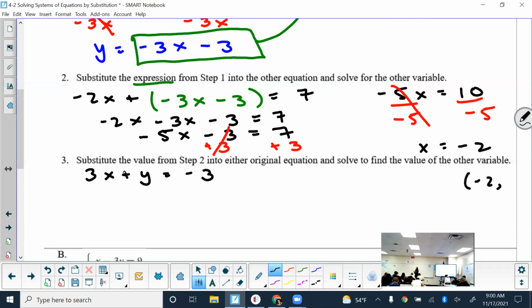Now for the x, we're gonna plug in what x equals. So it's 3 times negative 2 plus y equals negative 3. And solve for y. I'll let you guys do that.